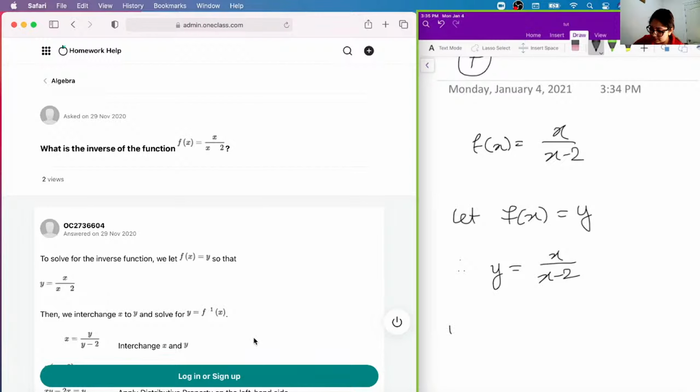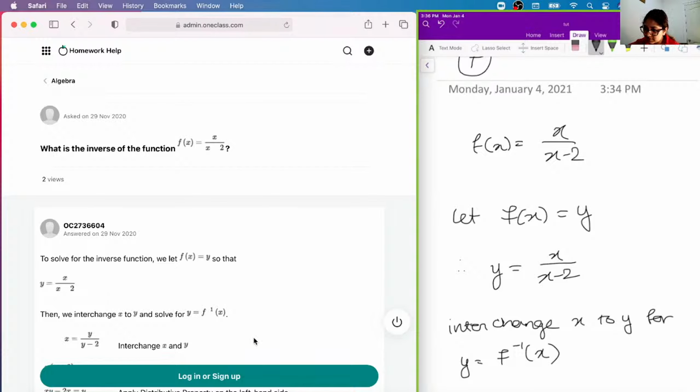So y equals the inverse of the function. This is how you write an inverse function.